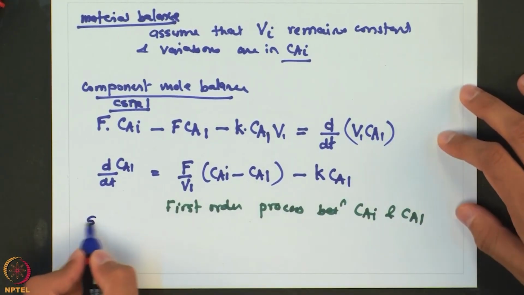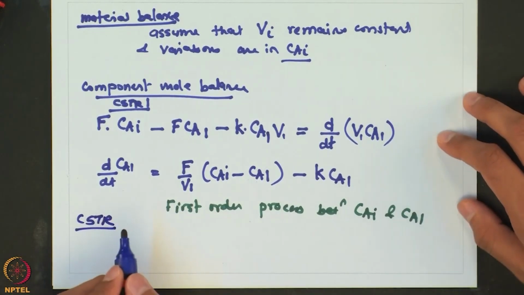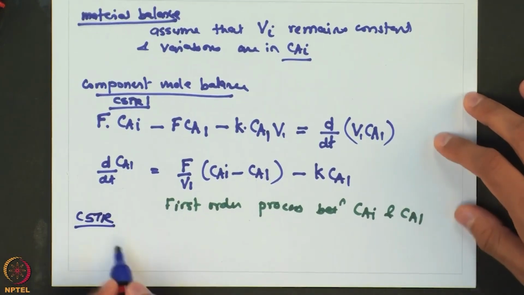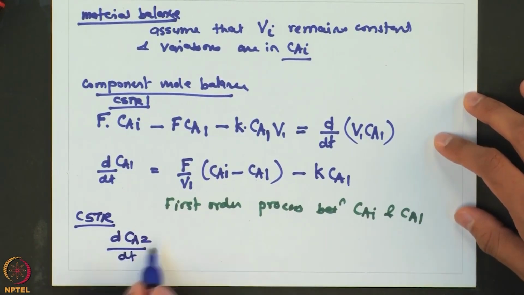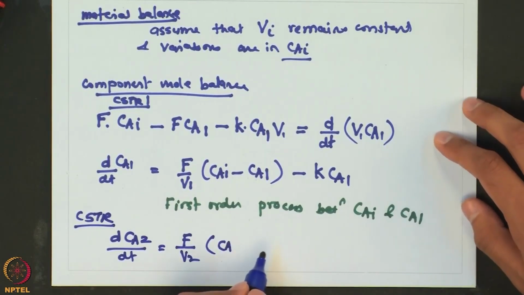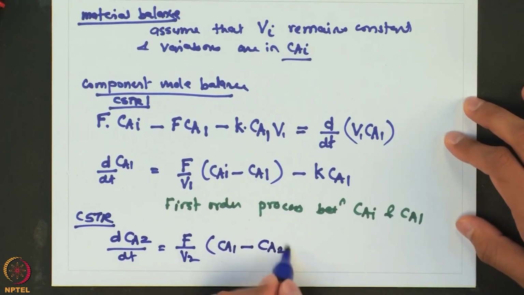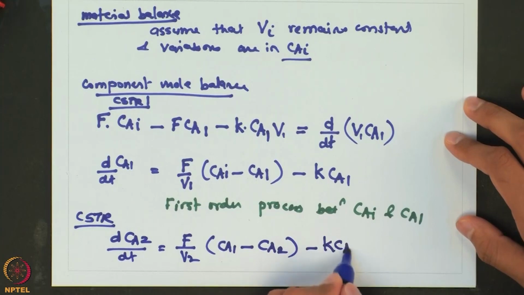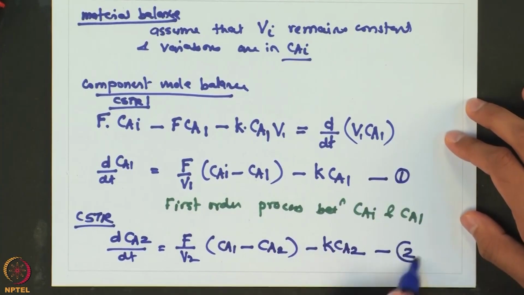Similarly for CSTR2, which is exactly the same except that it has a different volume, we can write dCA2 by dt equal to F over V2 times (CA1 minus CA2) minus K CA2. Here the input for the second CSTR is CA1. So, this is our equation 1 and this is our equation 2.